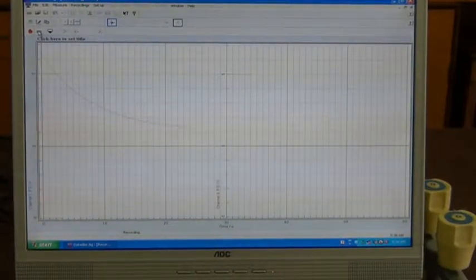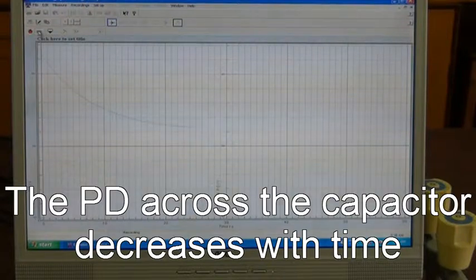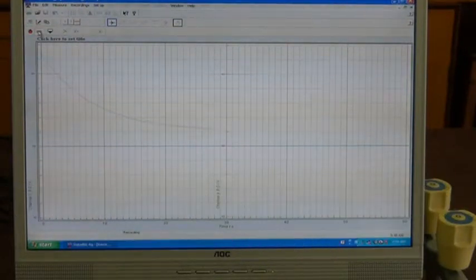And we know that the PD now is decreasing with time because the capacitor is discharging through the resistor. The computer continues to take readings every 100 milliseconds for a minute.